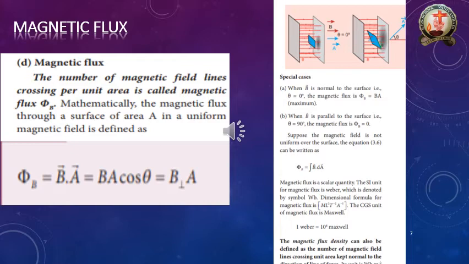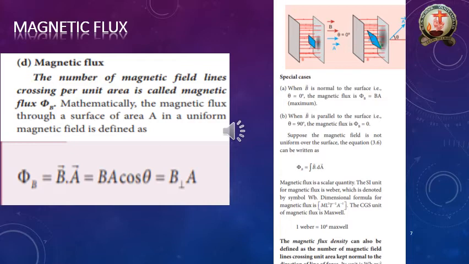Now here he has given the definition of magnetic flux density. The magnetic flux density can also be defined as the number of magnetic field lines crossing unit area kept normal to the direction of line of force.